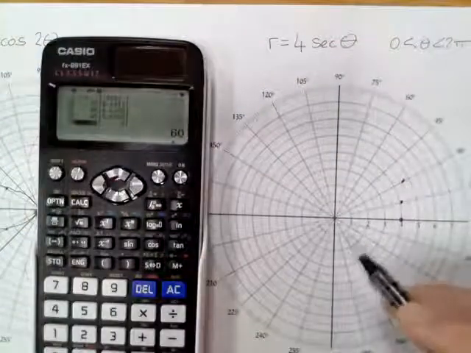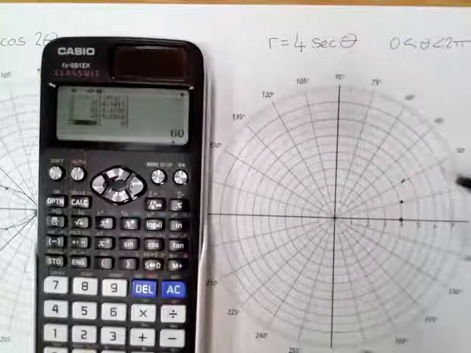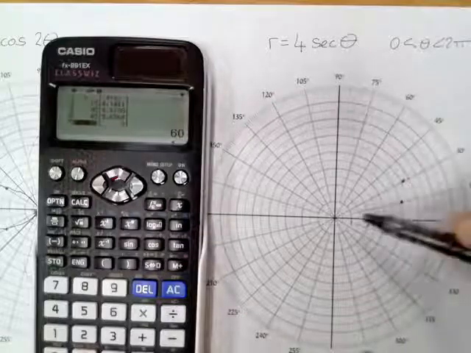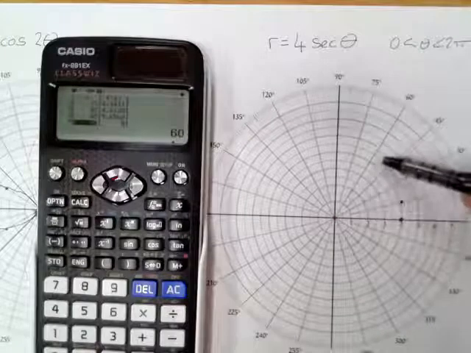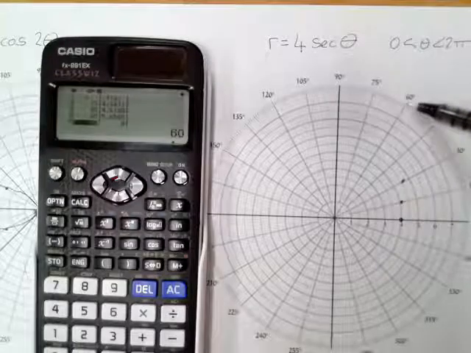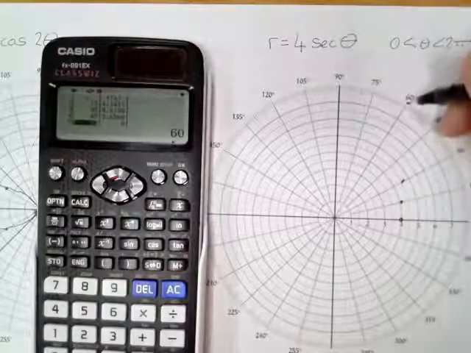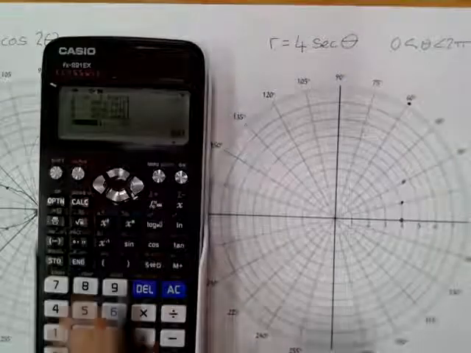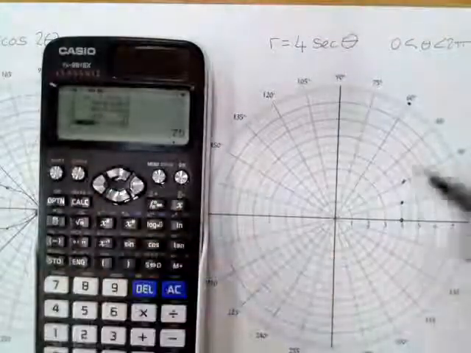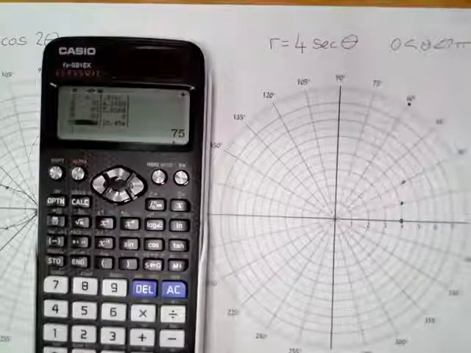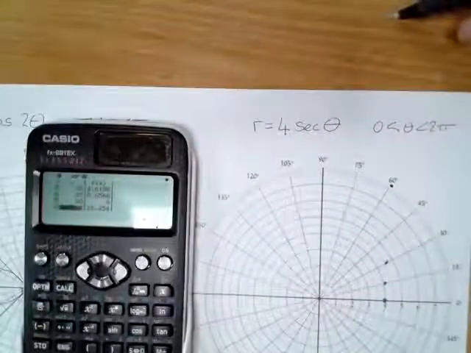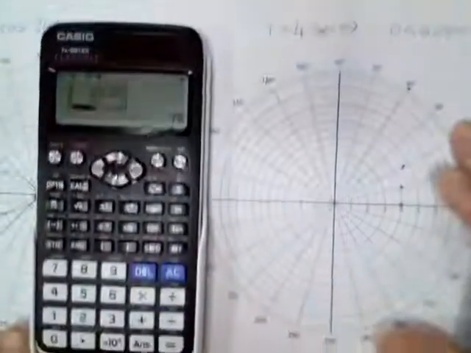At 60 degrees, it's 8, which is pretty much off the end of my scale, but I can just about get it in. So 60 degrees, 1, 2, 3, 4, 5, 6, 7, 8 is kind of there, and then 75 degrees is 15, it's off the top of my page, up here somewhere.